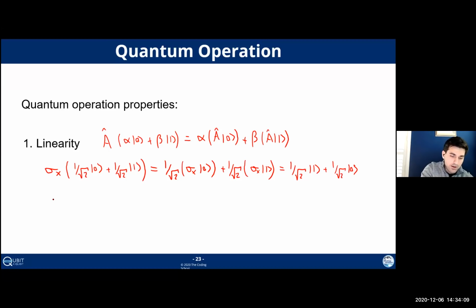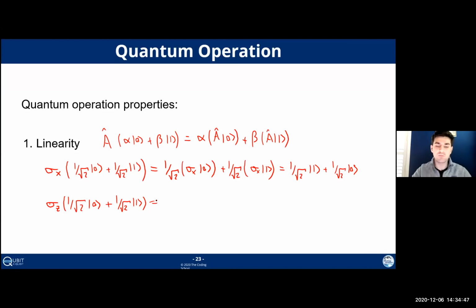Now, what if I apply a sigma z operator to the same superposition state? What do I get? Again, take 20 seconds, do this on your own, and then we'll go through it together.